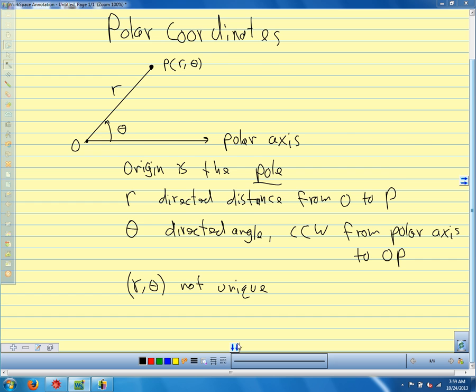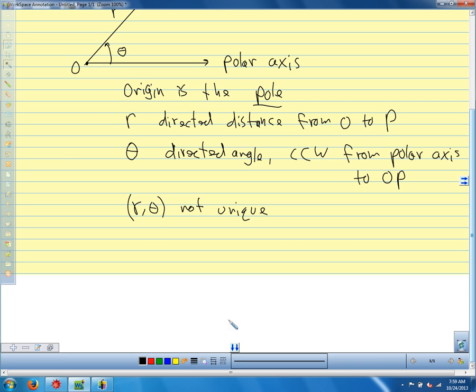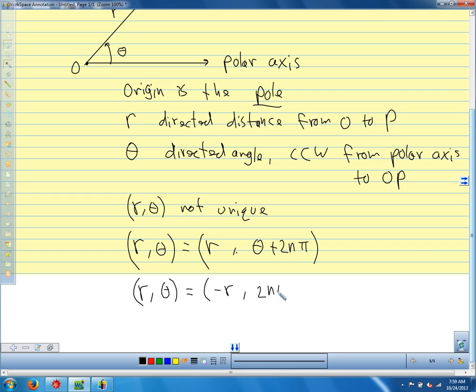And the way that we can write that in mathematical language, we can say (r, theta) equals (r, theta plus 2n pi). So it can go around again in a complete circle, or we could have (r, theta) equals (negative r, (2n plus 1) pi).